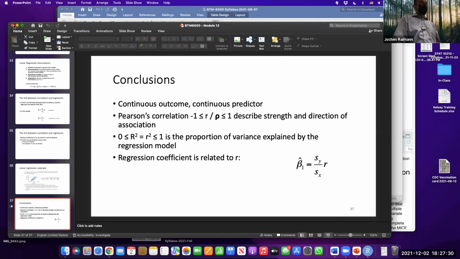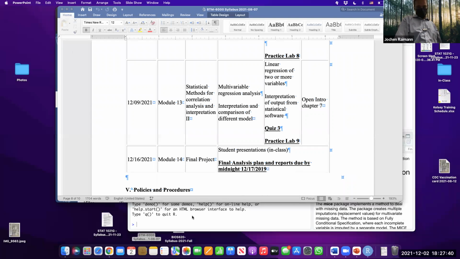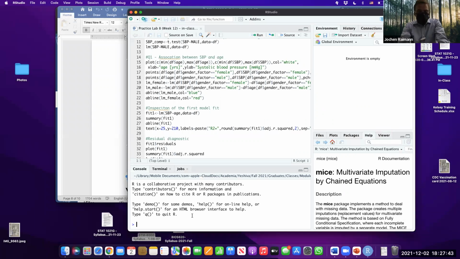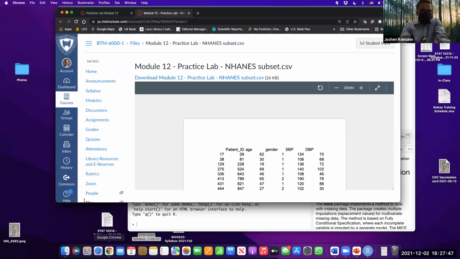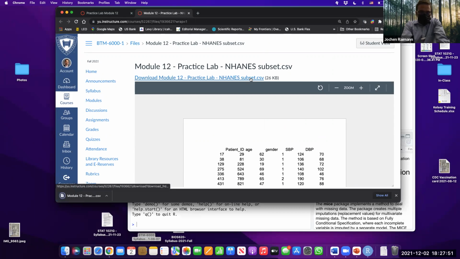So if there are no questions on regression and correlation, then we can do the example of the practice lab today, which is considerably easy today. Okay, so we have on Canvas the enhanced subset containing age, gender, systolic and diastolic blood pressure.